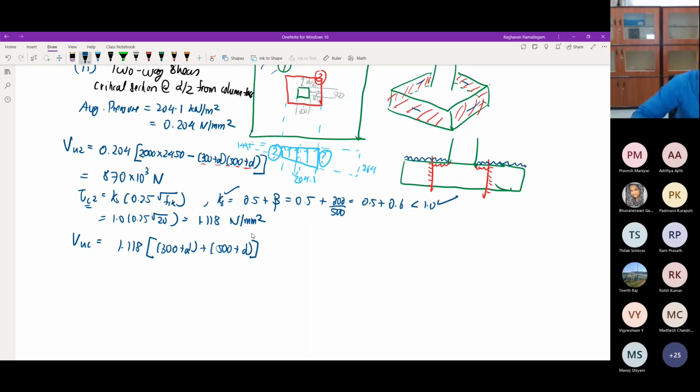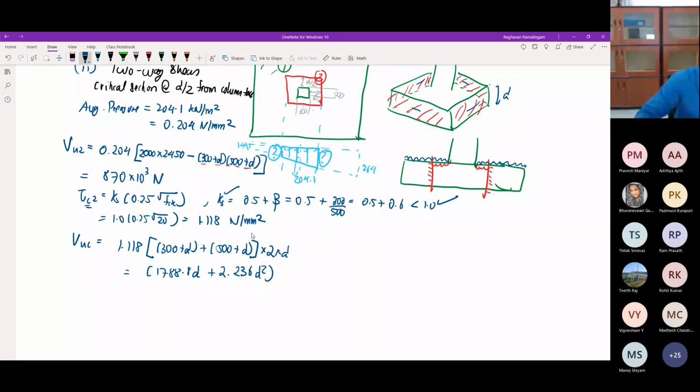So 2 faces of each, so into 2, and the depth is D, so into D. Which gives about 1788.8 D plus 2.236 D square.